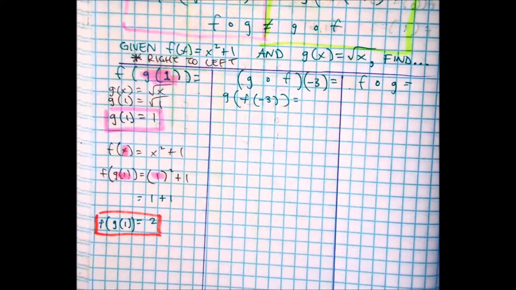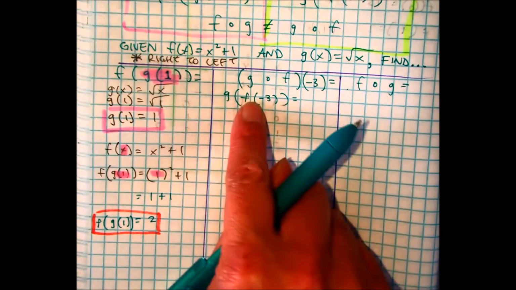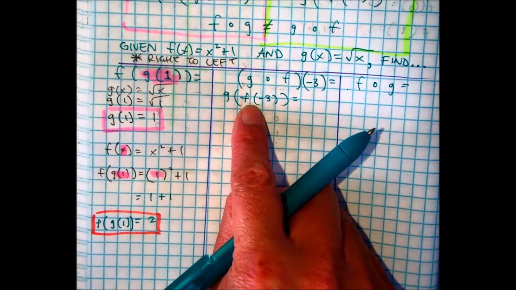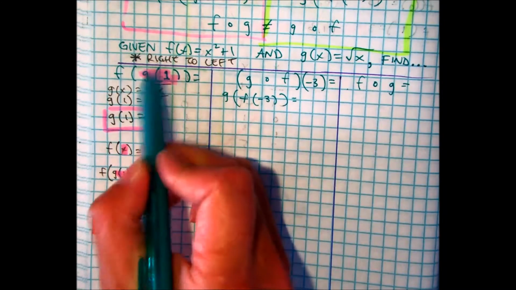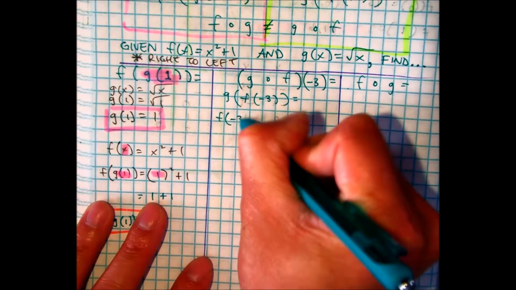Class, where do I put in the -3 into? F or G? Everyone say F. How do you know it's the F? Because you're working from right to left. Let's find f of -3.